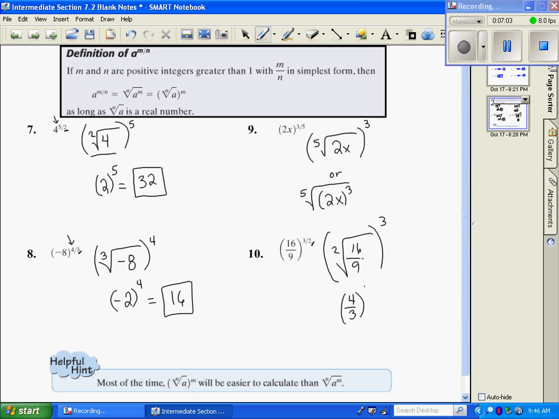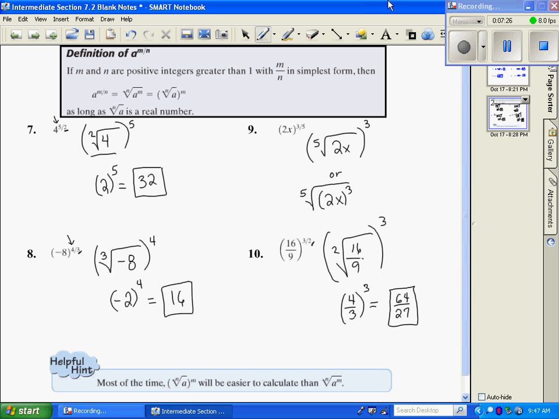And then remember to bring down the exponent, raise it to the third power. I treat these as 4 to the third power, which is 4 times 4 times 4, or 64. And then 3 raised to the third power is 3 times 3 times 3, which is 27.